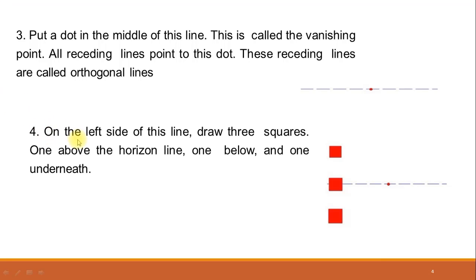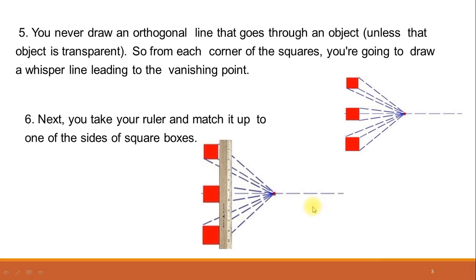Now, on the left side of this line, draw 3 square boxes, one above this line, one on the line, and the third below this line. Then, at stage number 5, you never draw an orthogonal line that goes through an object unless that object is transparent.